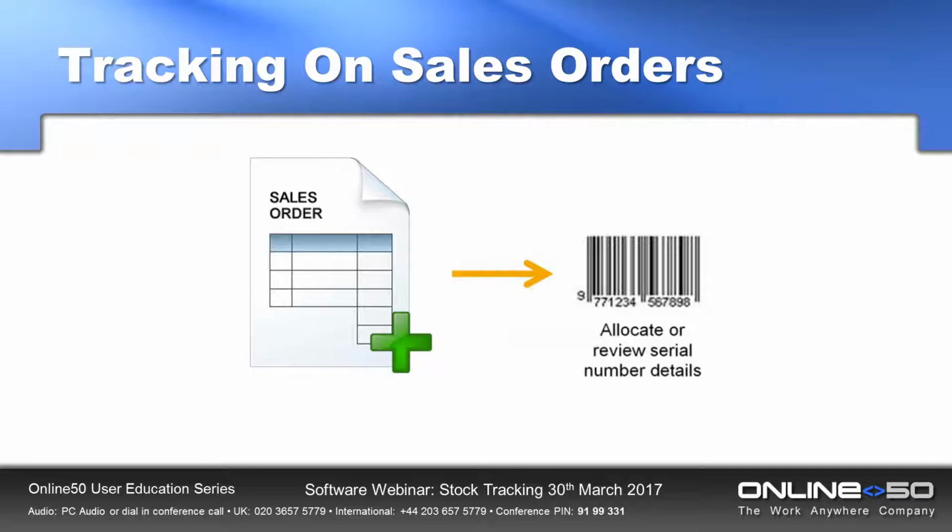Reserving specific serial numbers or batches at the time of the sales order allows for better control and stock planning. Perhaps you build some customized computers as special orders for customers. In that case, you may wish to designate a serial number in the sales order that will follow the computer through the customizing process until delivery.